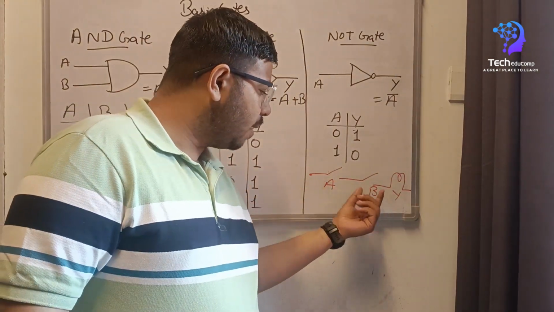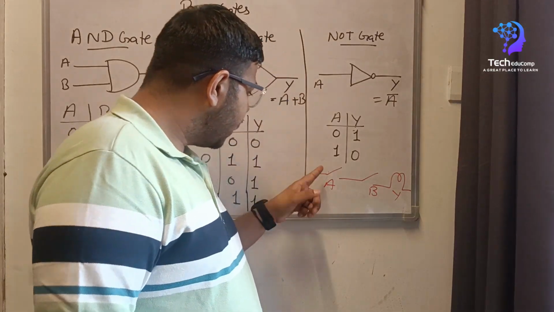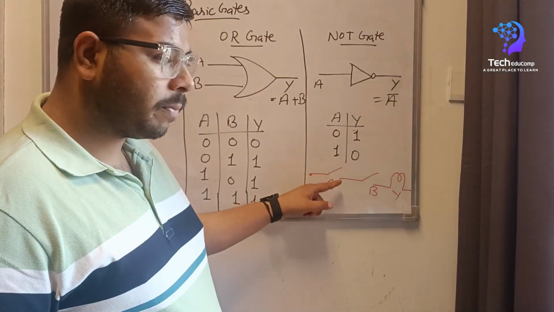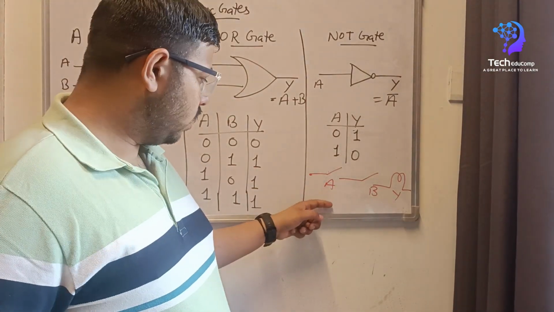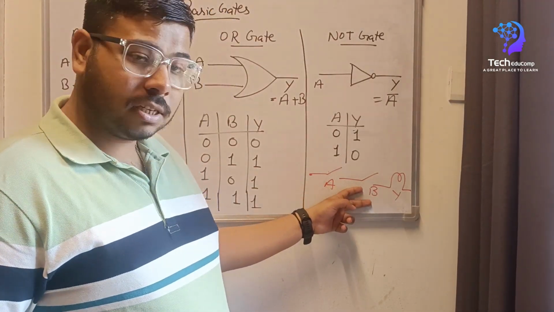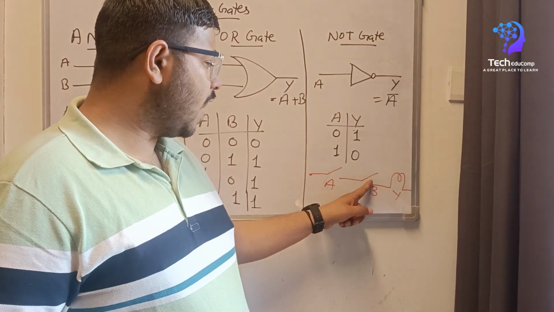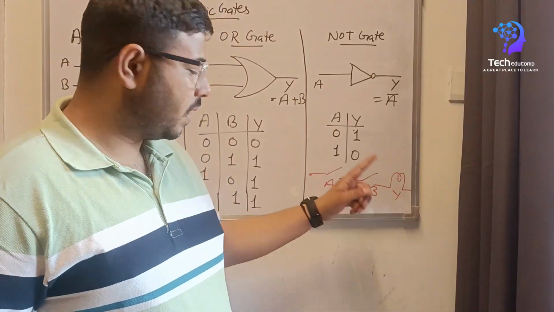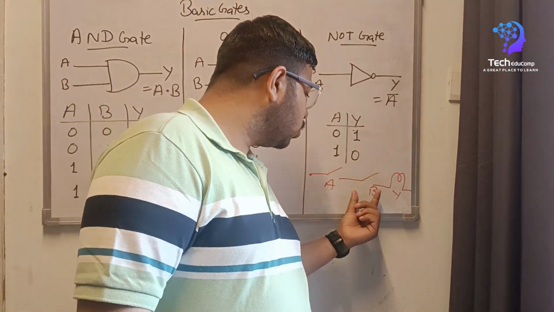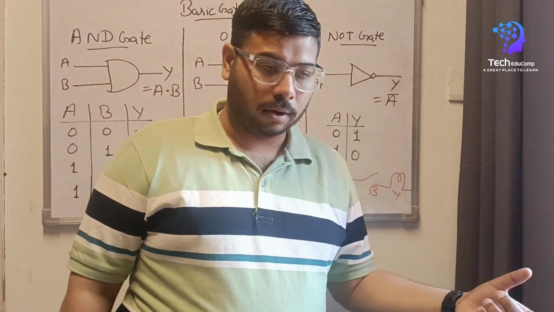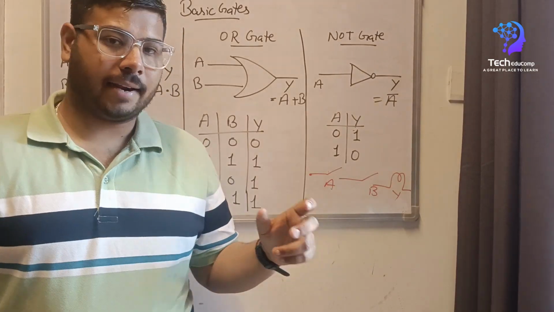If there is any gap, the current will stop here because the path is open. This is 1, this is 0, there is a gap, the circuit is open, and the output will not come. The output will only come when both the switches are on, then the current will start flowing. So this is what the AND gate tells.